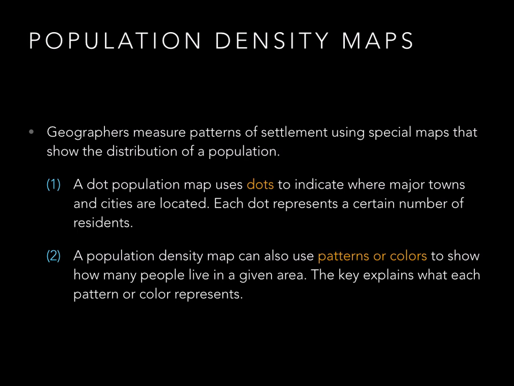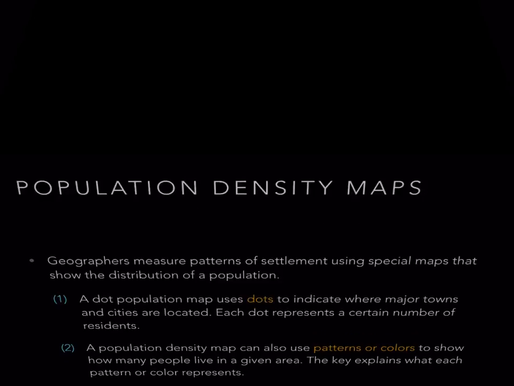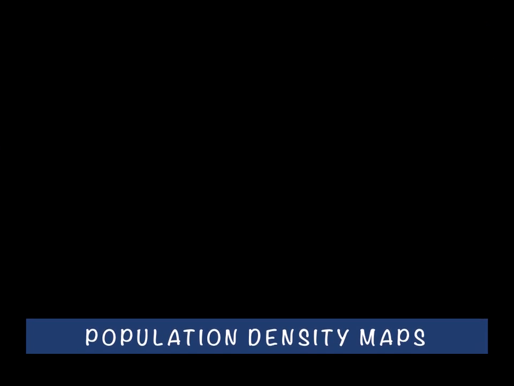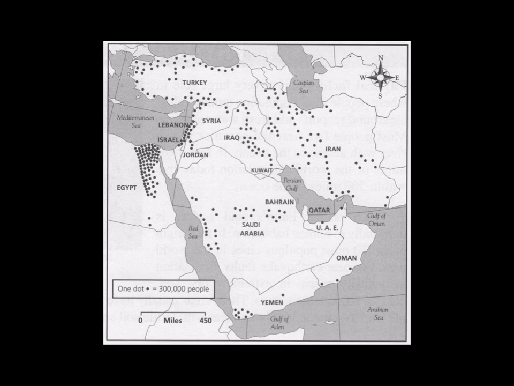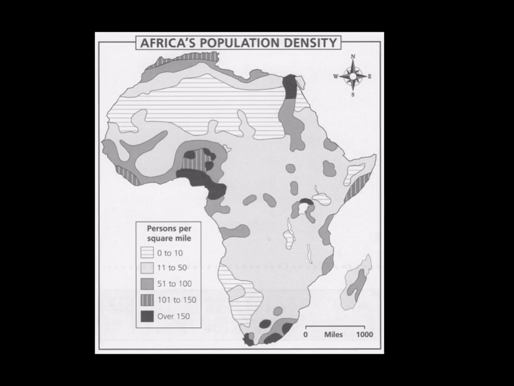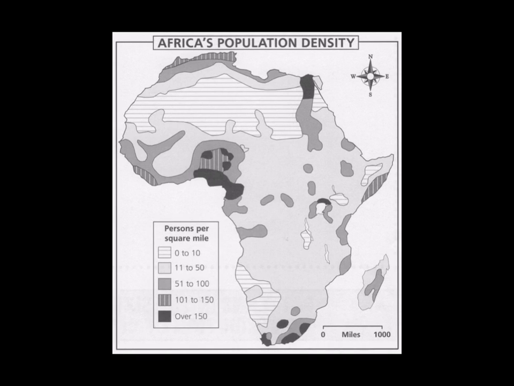There's usually a key that explains what those patterns or colors mean. Here's a couple of examples of these maps. First, a population dot map. And then a density map using shading instead, showing the population density.